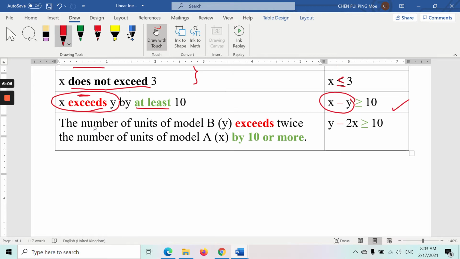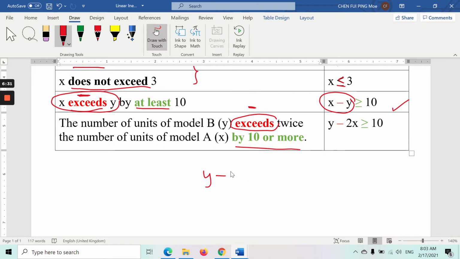And then for another example, the number of units of model B is Y, meaning that Y exceeds twice the number of model A by 10 or more. You see, have two keywords here. Exceed by 10 or more, meaning that this exceed you need to use minus. Melebihi. So Y exceed twice. Exceed using minus.